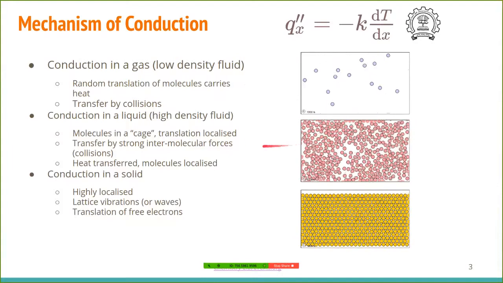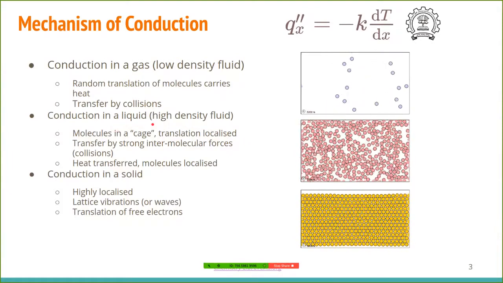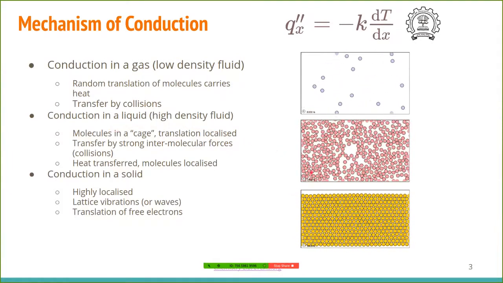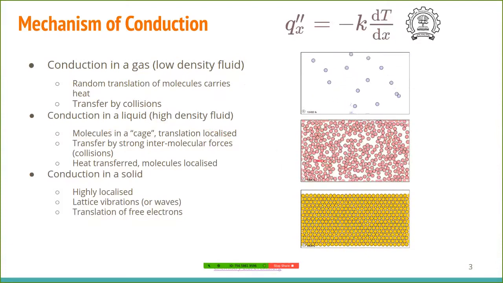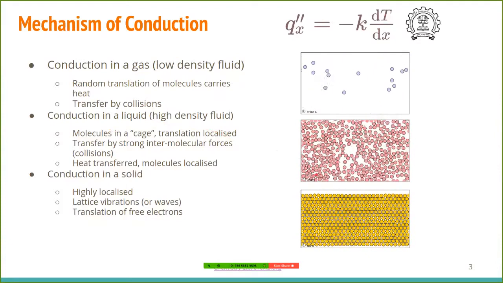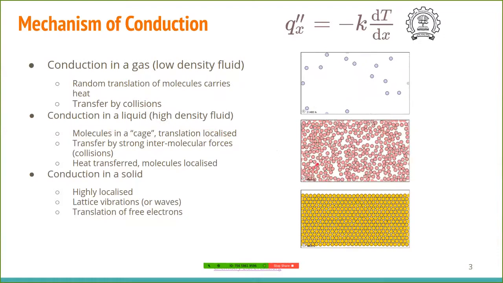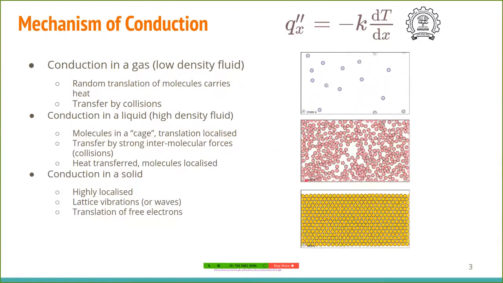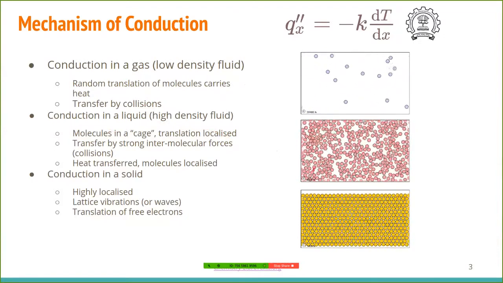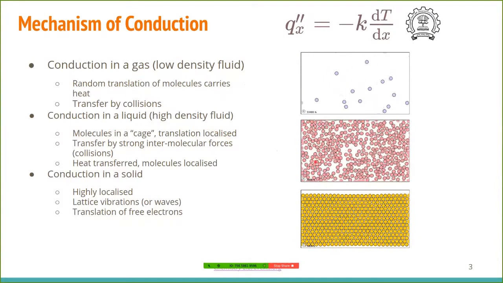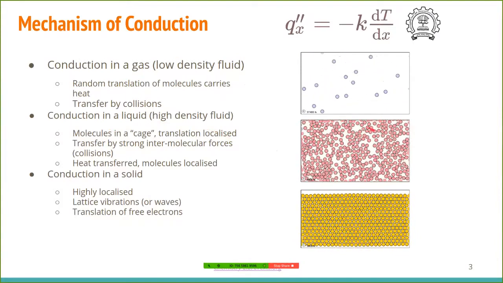In the case of liquids, molecules are localized in the cage, and the kinetic energy is mostly transmitted by collision. This molecule collides with this one and transmits the energy by collision, and then it reaches the other end.